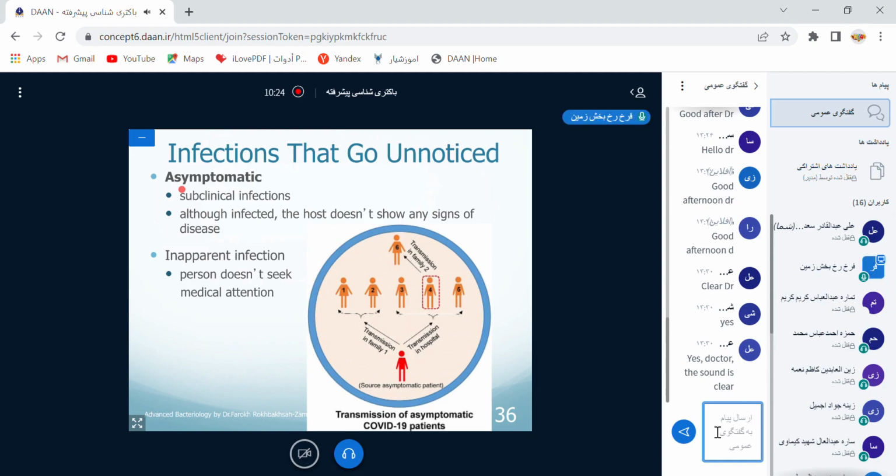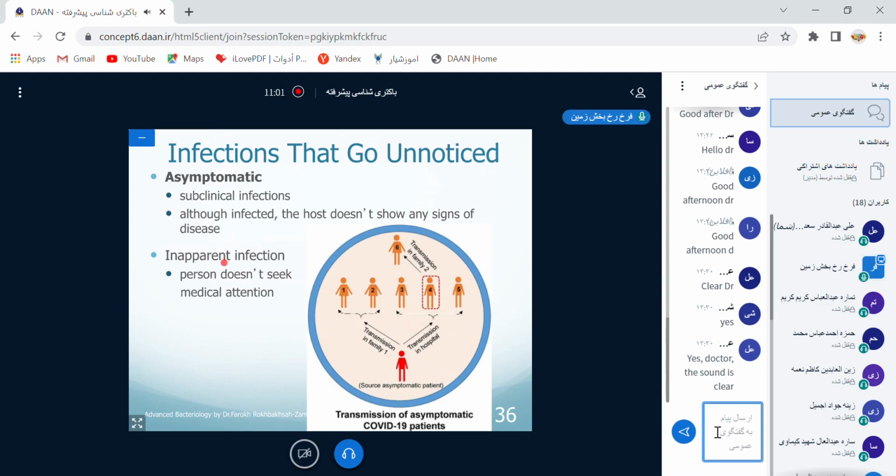It is asymptomatic. So it is subclinical infection. We have two types of infection: clinical infection and subclinical infection. If infection is there with signs and symptoms, it is clinical infection. If infection is there but without signs and symptoms, it is subclinical infection. So although infected, the host doesn't show any signs of the disease.